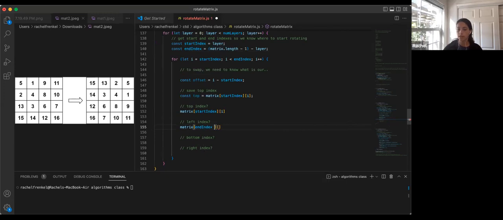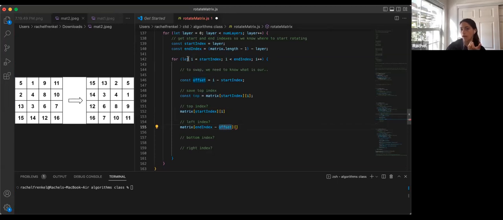And importantly, it's going to be end index minus offset, because we're thinking about it as we're changing through, right? So now it's going to be here, and now here, and now here. So our row is changing. So it's end index, and it's changing by the offset that we're going through here each time. So now instead of row 3, it's row 2, then 1, then 0. Okay, offset is just a counter.